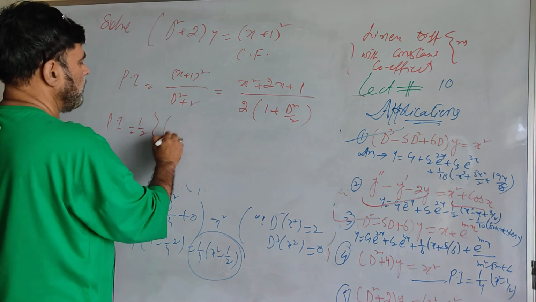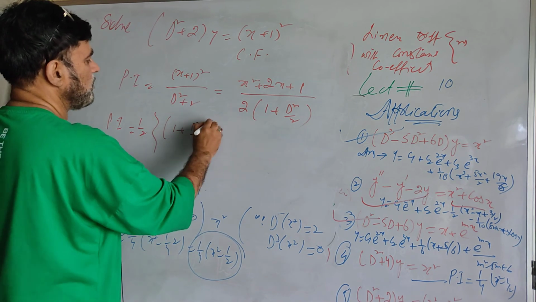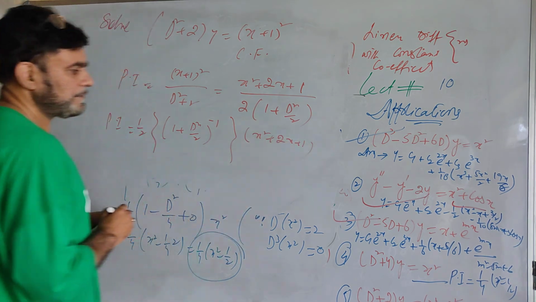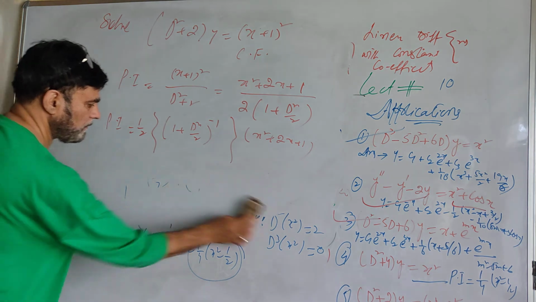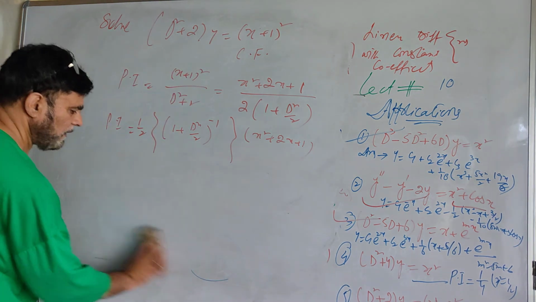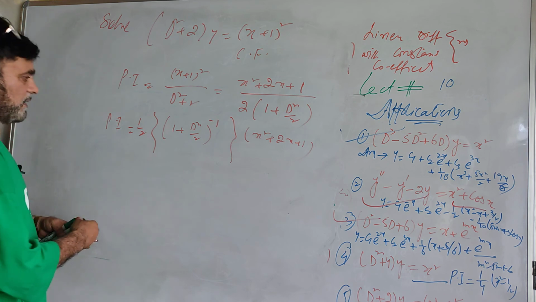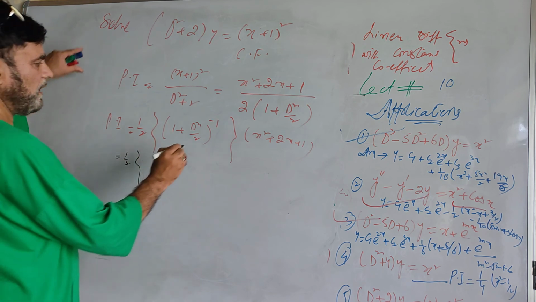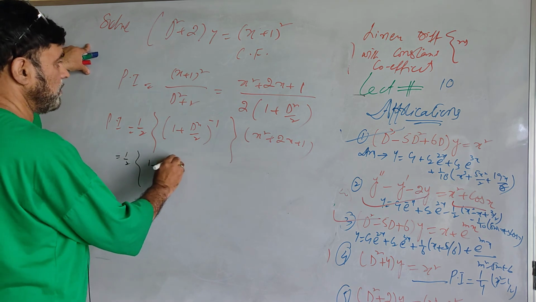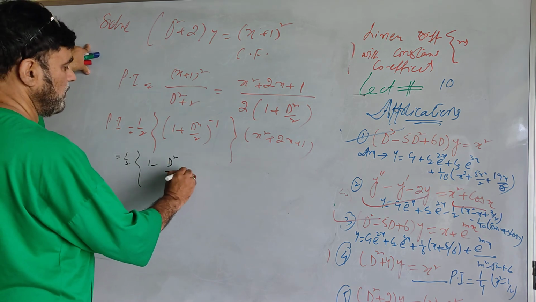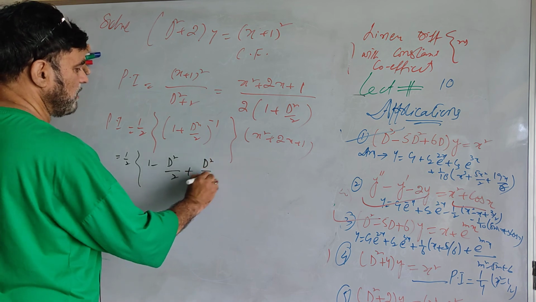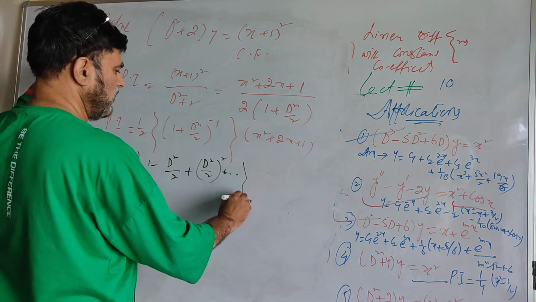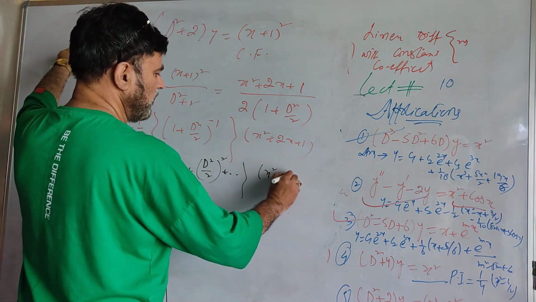This will be 1 plus D square by 2 raised to power minus 1 into x square plus 2x plus 1. Well, you open this. It is 1 by 2. It is 1 minus D square by 2 plus D square by 2 whole square. I need here 2 terms plus so on. It is x square plus 2x plus 1.